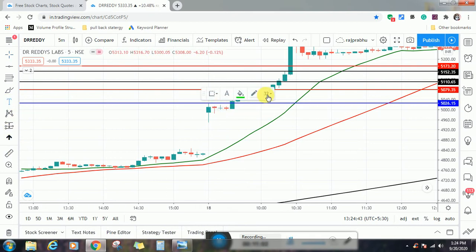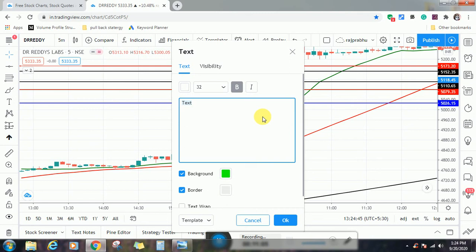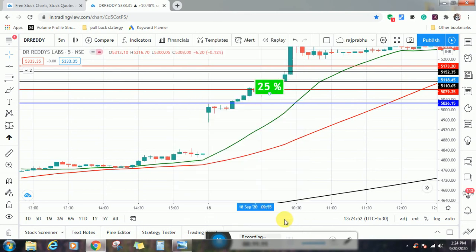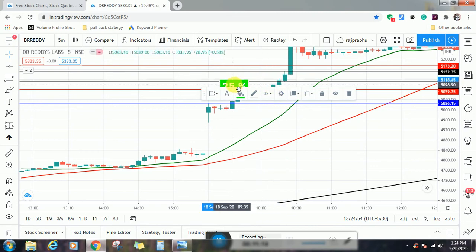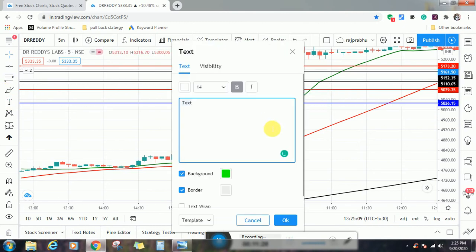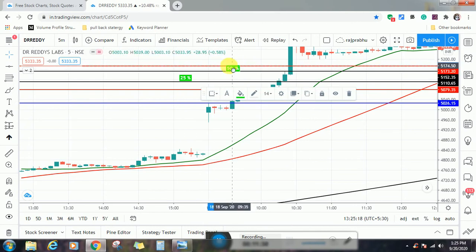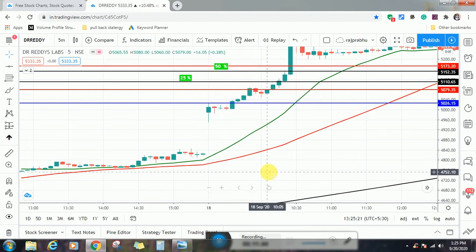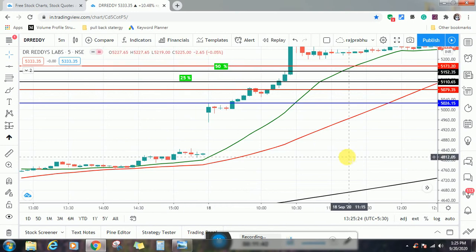I am giving the picture clearly. 25%, first target, 50%, second target.